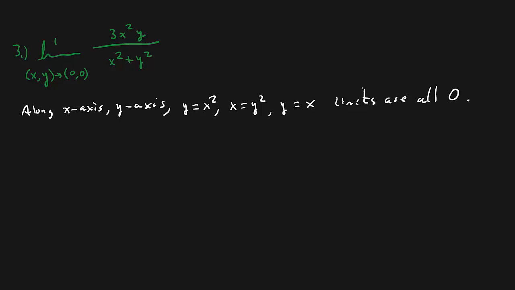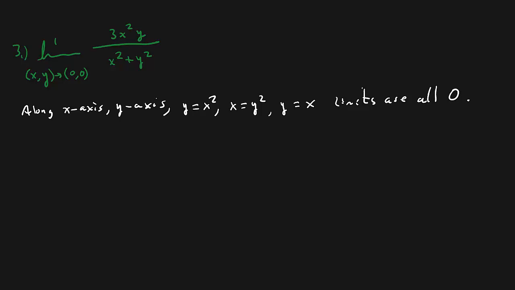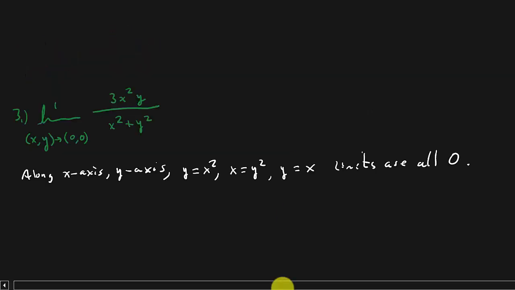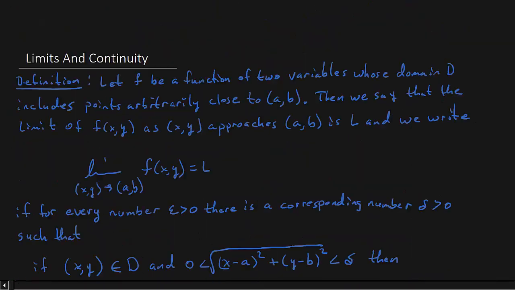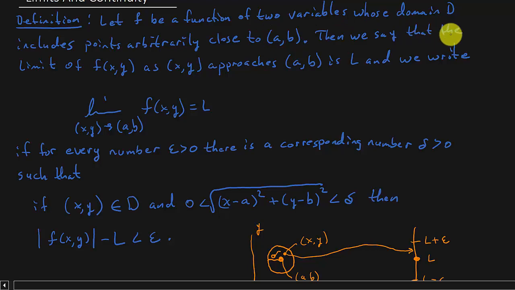So what can we do here? Well, as I promised at the first of the video, we're going to use the definition. It's not fun. I doubt if anybody likes doing it like this, but we're going to do it. So before we get started, I'm going to copy that part that we need. Let's just go back up here to the top. It says let f be a function of two variables whose domain D includes points arbitrarily close to (a, b).